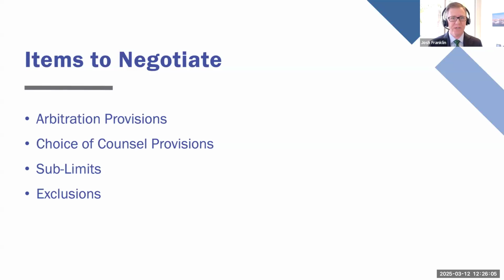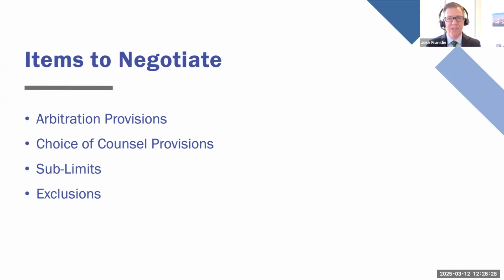Sublimits are an issue to be aware of. These are specific limits that apply to certain coverages. And you want to make sure that if there are any key coverages that your business is relying on, you are aware of whether these sublimits may reduce the amount of coverage that you have available for it. Think of a cyber policy.